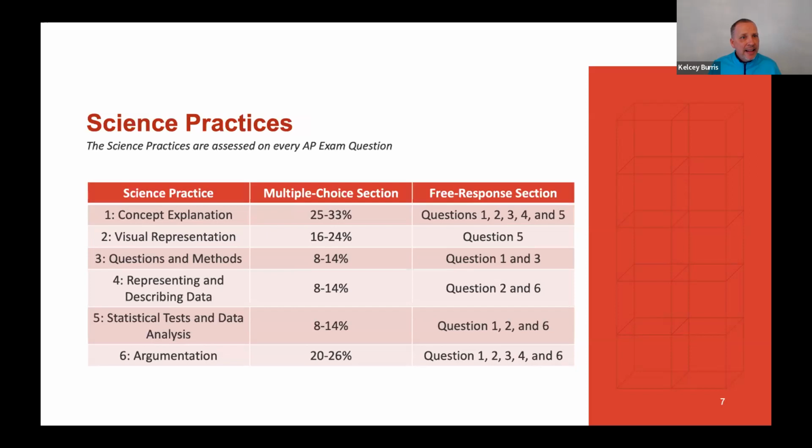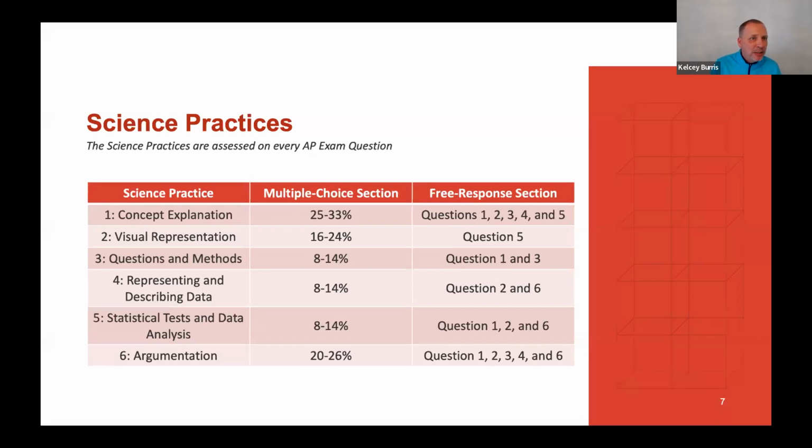The next thing that is important for you to understand is the importance of the science practices on the exam. The science practices are the things that you're going to be asked to show your content knowledge on the exam. Each of these science practices are actually better explained in 5 Steps to a 5 or the AP Biology course and exam description.